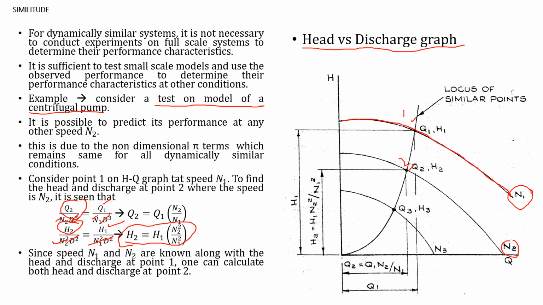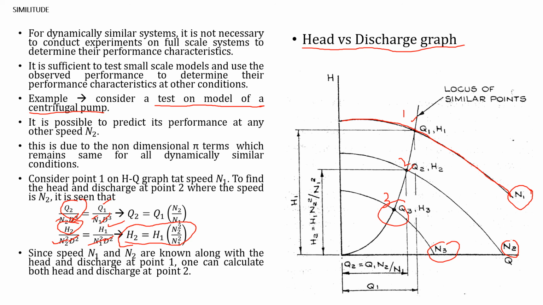In a similar fashion, we can also find discharge and head for other speeds. For example, for N3 speed, we can follow the similar procedure. Wherever 2 is there, you can replace it with the suffix 3, and we can find Q3 and H3.